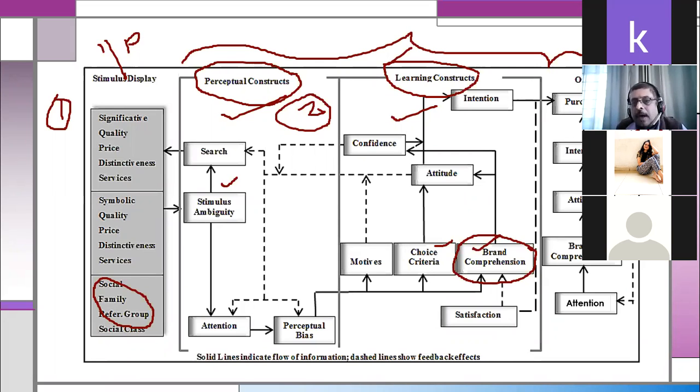So I gave you an example of brand comprehension. Ayman, which example did I give you when I was talking about brand comprehension? Which watch?